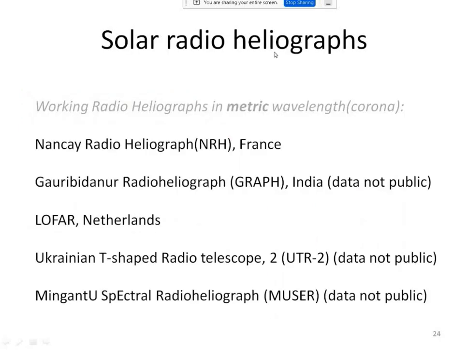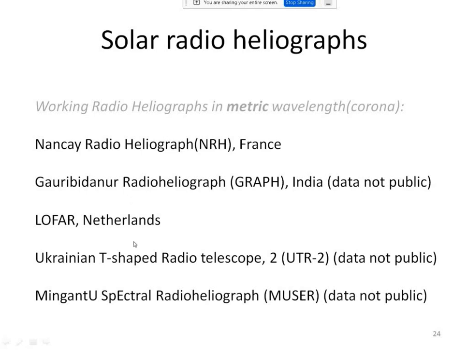So there are 5 working heliographs in metric wavelength. I'm not including the microwave wavelengths because there are more of those. The 5 in metric wavelengths observe the corona. First, the Nançay radio heliograph, NRH, in France. Second, the Gauribidanur radio heliograph, in India.